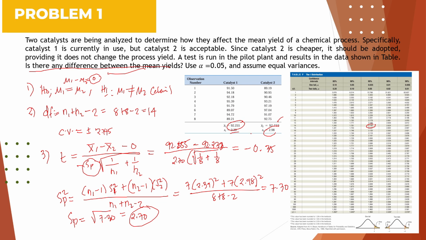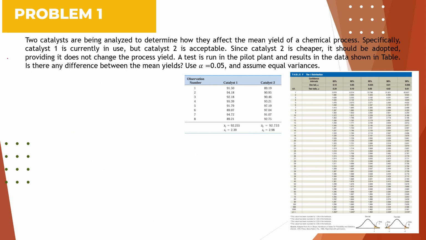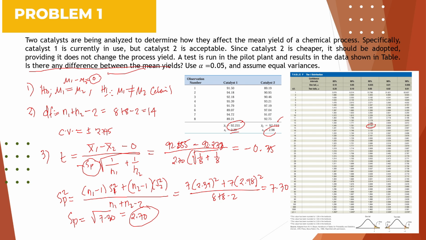Negative 0.3035. So the next step here is to make a decision. How to make the decision here? We have to graph. Step number 4. Since we have two critical values, negative 2.145 and positive 2.145, what is our t value?